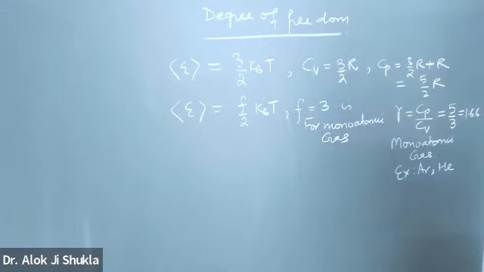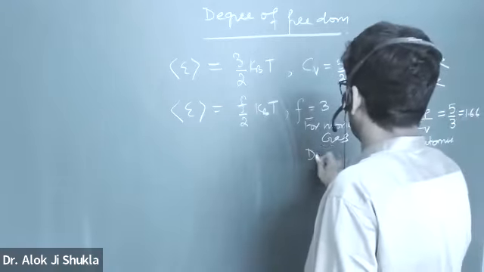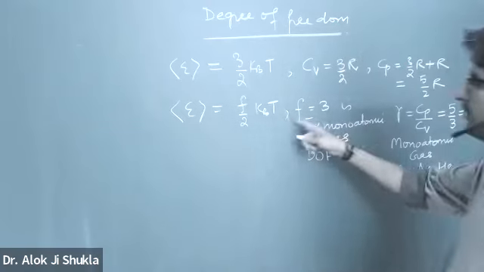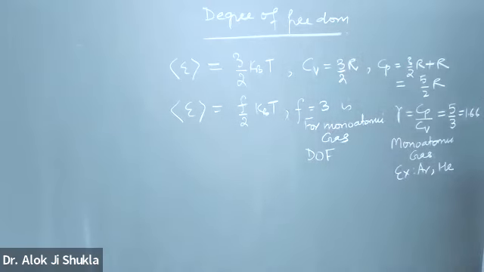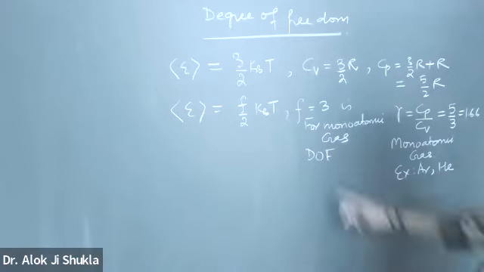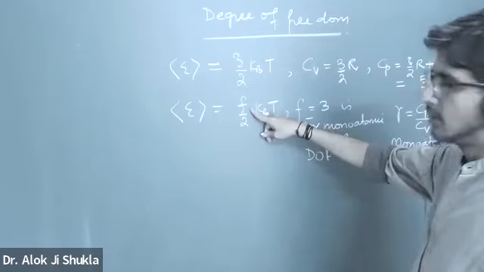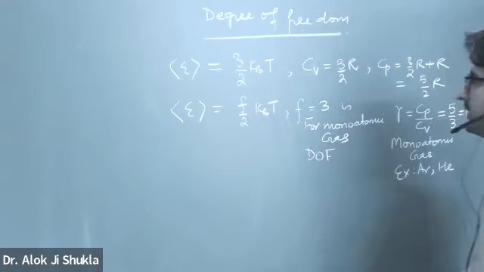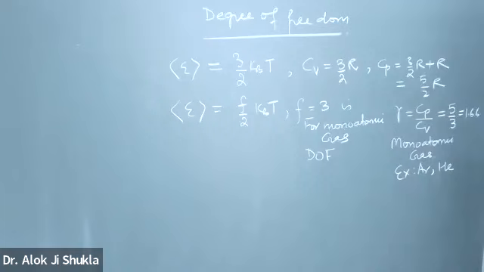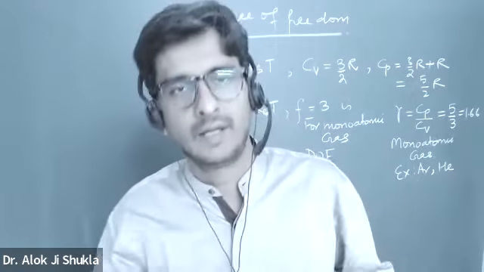This quantity F is called the degree of freedom. Because the degree of freedom is different for different gases, this formula will be modified. And when it modifies, then Cp and Cv and their ratio, which is called the adiabatic exponent, will all be modified. So we have to find out what this quantity called degree of freedom is.